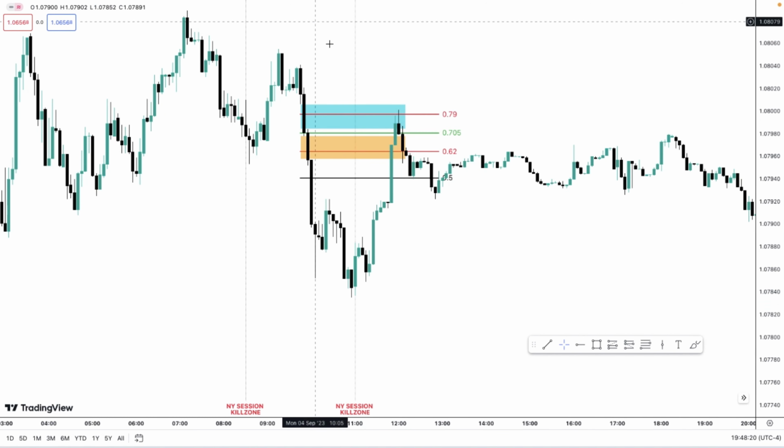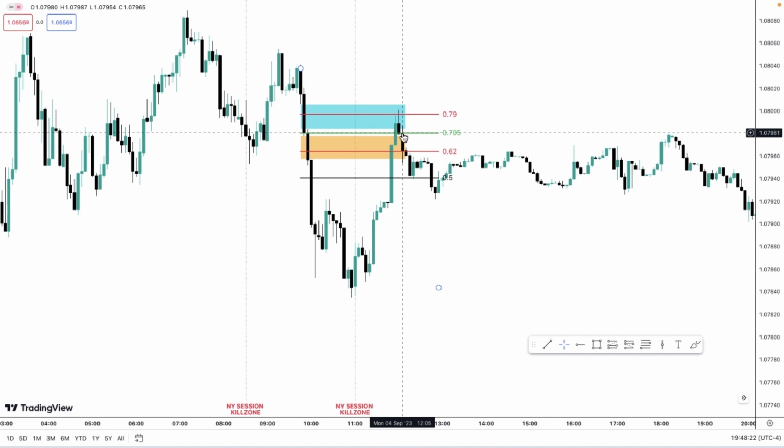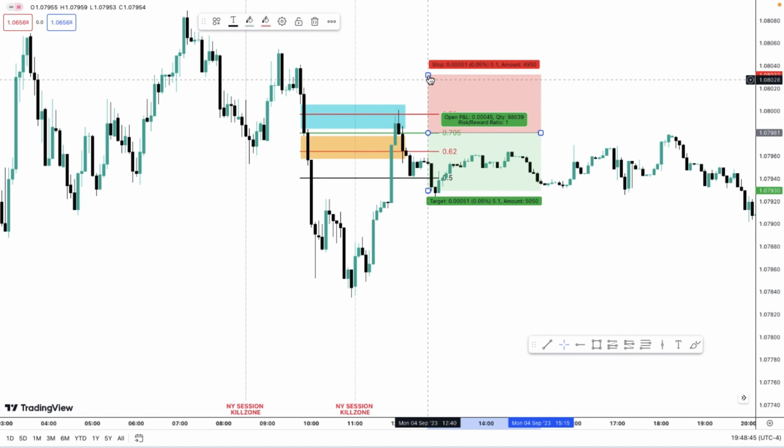Now the 70 level, that's the sweet spot. So if you miss the 62, the 70 level, you can sell it. You can sell as it trades to the 70 level.